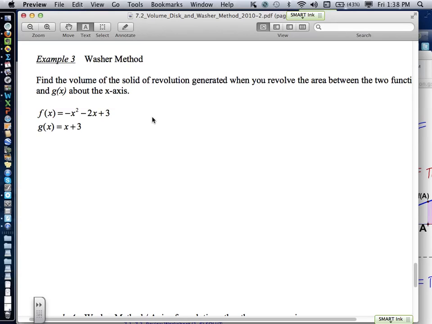So the first thing I want to do is graph those. Enter those two equations in your graphing calculator, and let's just see what the graphs look like. We could certainly graph those by hand, but I don't want to get all bogged down with graphing. I just want to solve this problem for today.